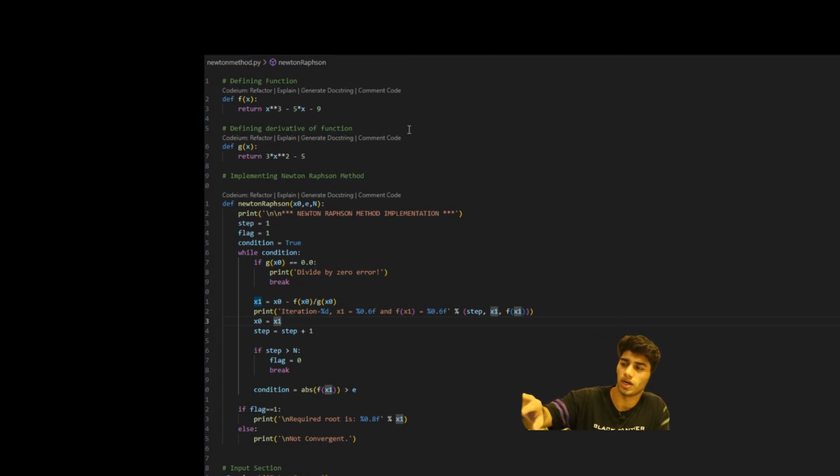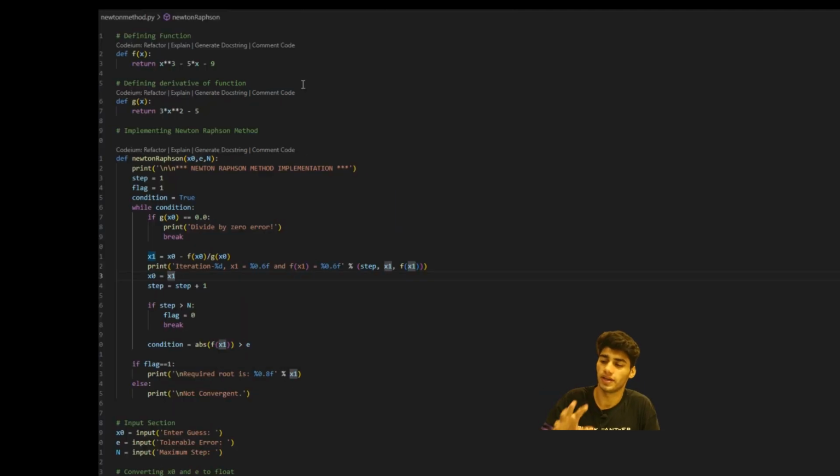After each iteration, our x1 will become x naught and the value which is yet to come will become x1. After each iteration we are also incrementing the step.